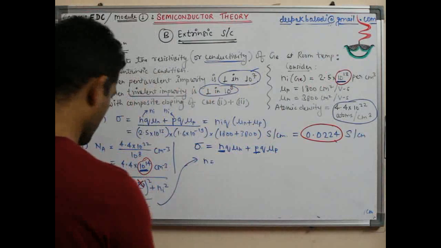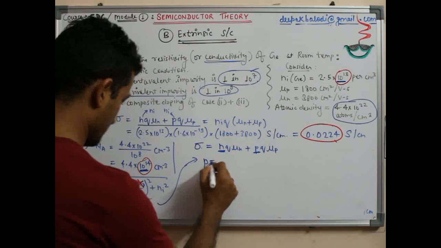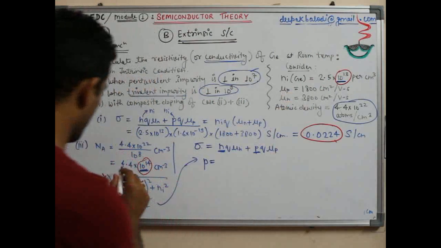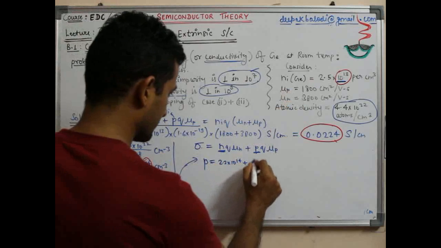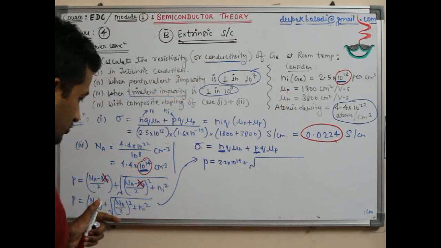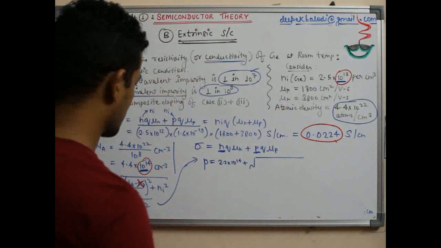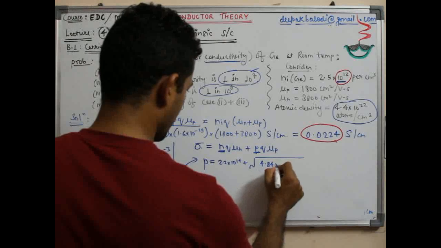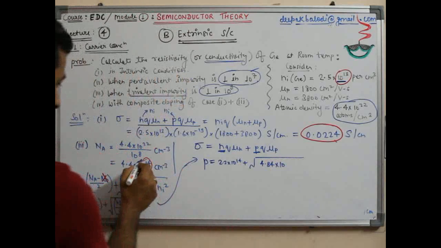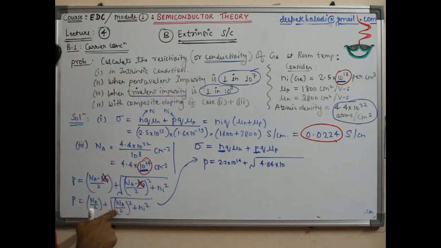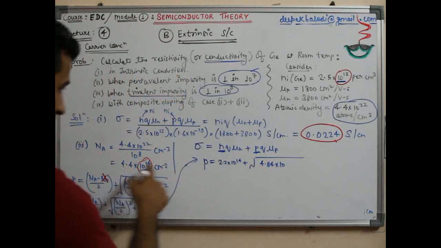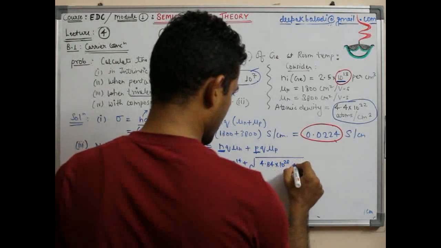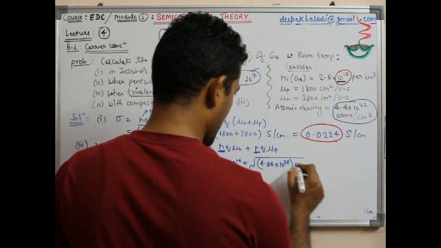P is Na by 2, and Na by 2 is 2.2 into 10 to the power 14, plus under root of the square of this, which is 2.2 square, 4.84, into 10 to the power 14 square, which is 10 to the power 28, plus Ni square.